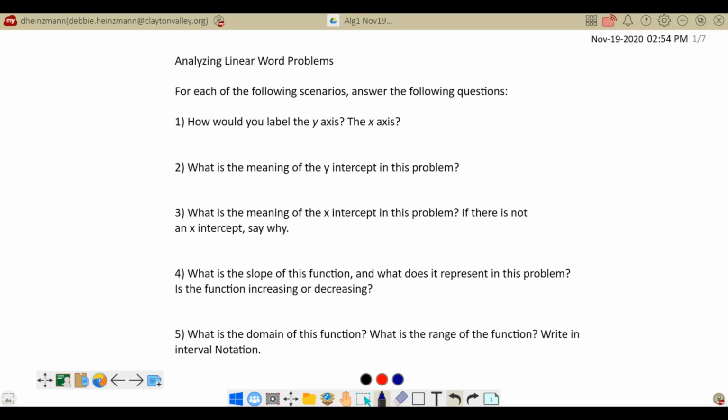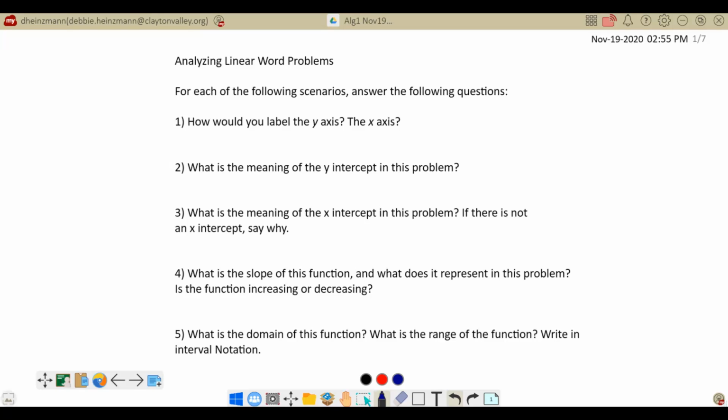They will be the same questions that we will ask throughout all three of our representations of a function: through a table of values, which we're going to do in this video, an equation, which we did in the last video, and then finally a graph, which we will do for the third video.